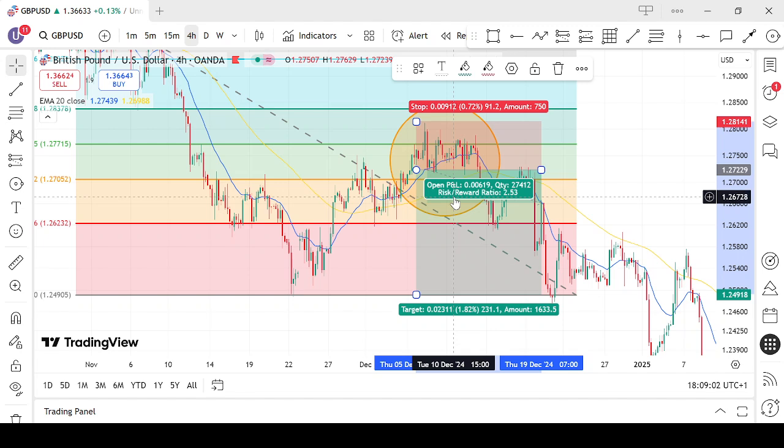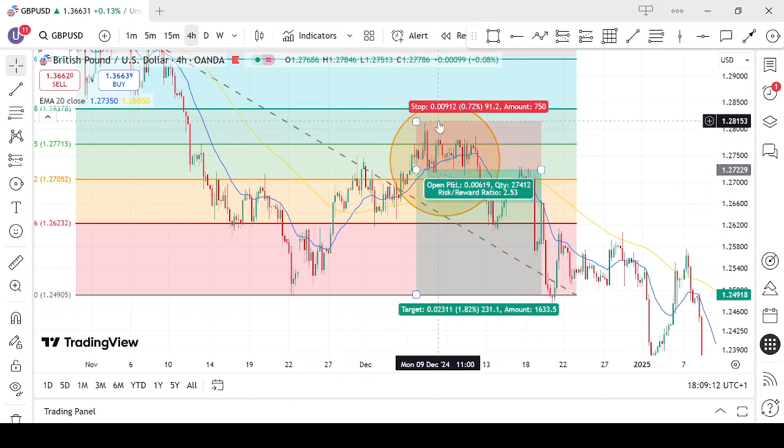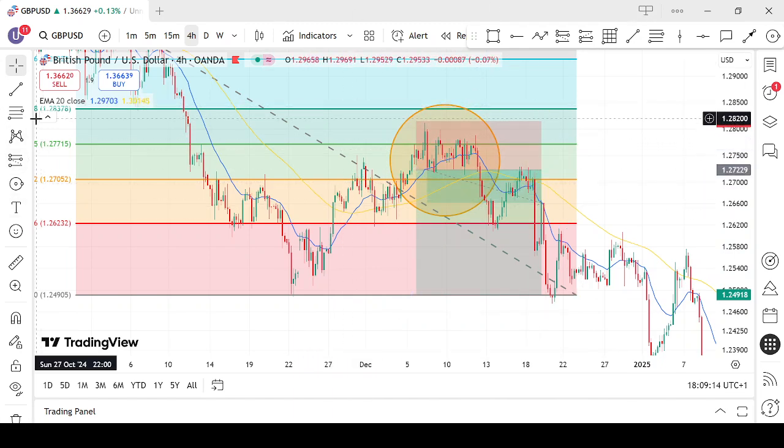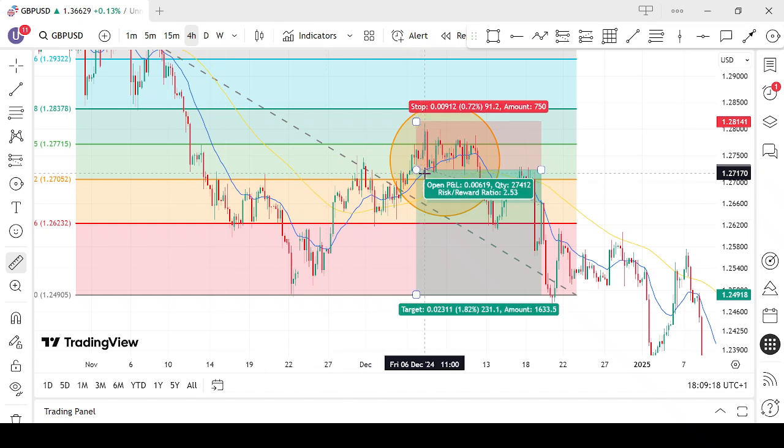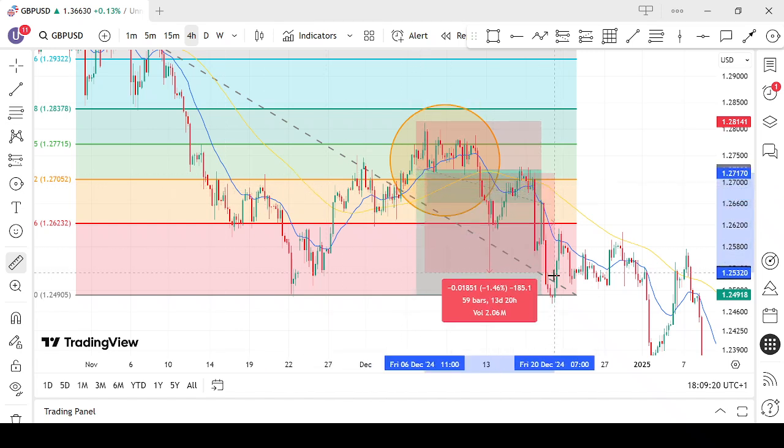Now the sixth step would be to monitor your trades and adjust your stop levels. You'd have to review the trade once or twice in a day, because you are swing trading. Do not forget, this trade would run. If you look at the distance from when we took the trade to when it got to our stop loss, you can see that it was about 13 days.